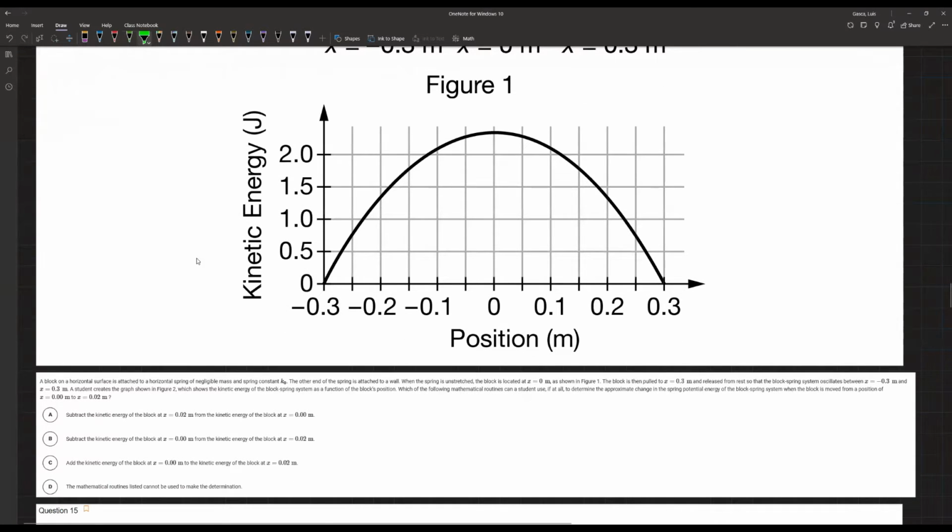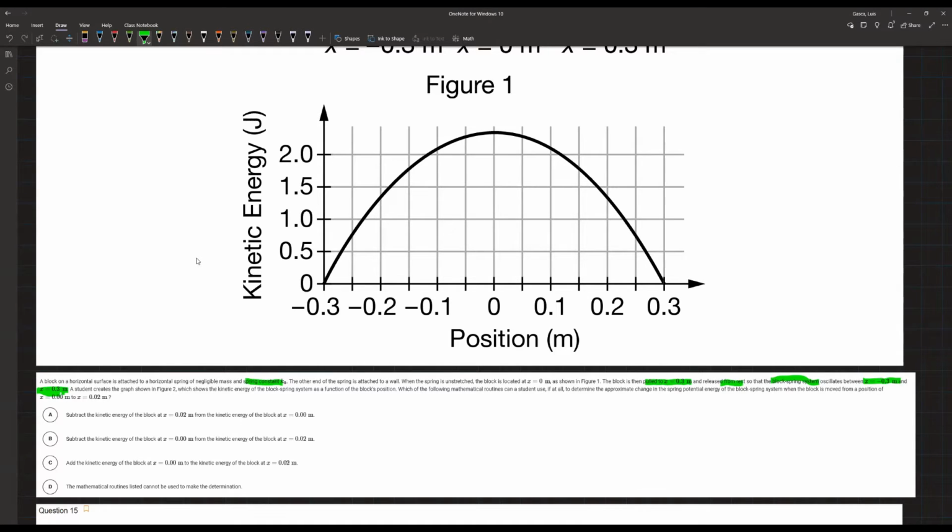It reads, a block on a horizontal surface is attached to a horizontal spring of negligible mass and spring constant K. The other end of the spring is attached to a wall, and when the spring is unstretched, the block is located at a position of x equals 0 meters, as shown in figure 1. The block is then pulled to a position of x equals 3 meters and released from rest so that the spring block system oscillates between a position of x equals negative 0.3 and a position of x equals 0.3.